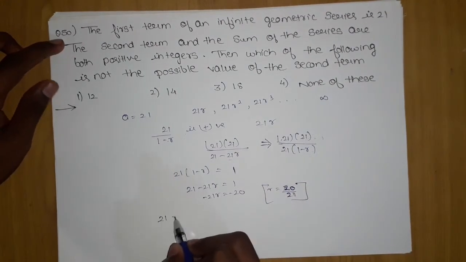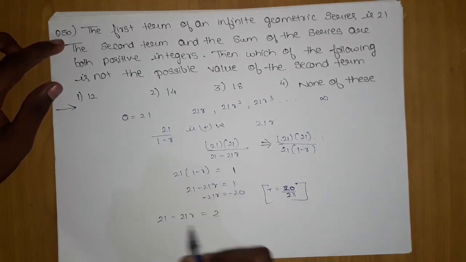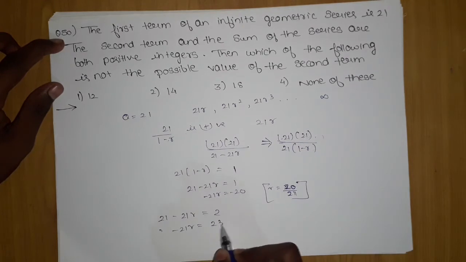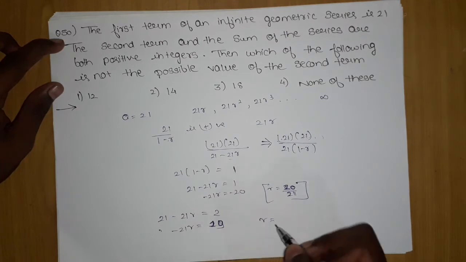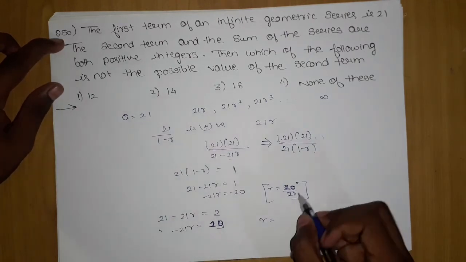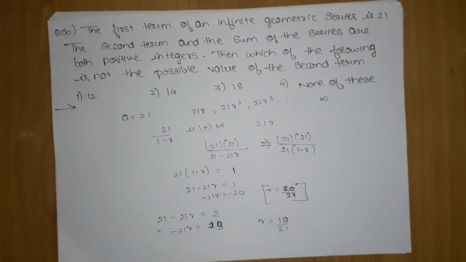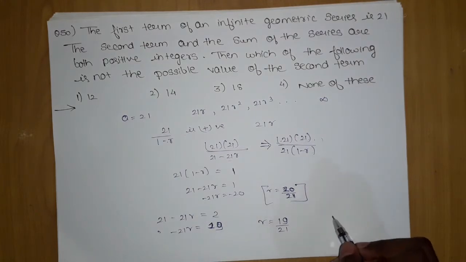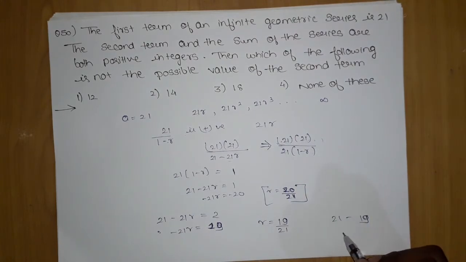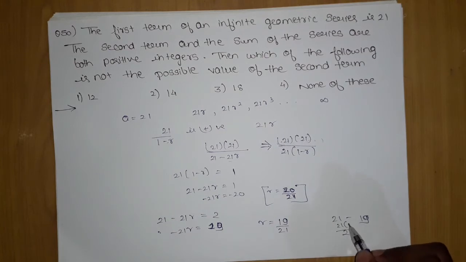Now if I check for 21r equal to 2, then minus 21r is equal to 2 minus 21, which is minus 19, so r is equal to 19 upon 21. When I multiply, I get 21 minus 19, which gives 2 upon 21 into 21.